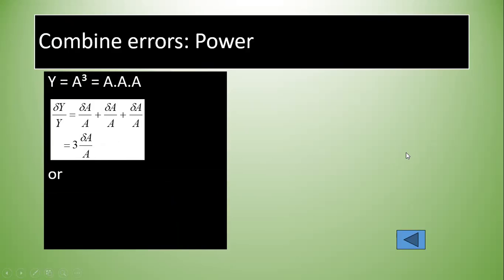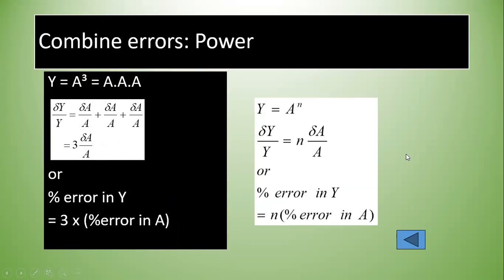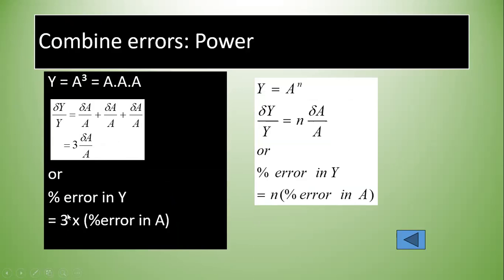So we can have our general summary: 3 times the percentage uncertainty in A, if you want to find the percentage uncertainty in Y. If Y equals A to the power N, take the N down, and then this is the proportional error. So we can use percentage uncertainty.